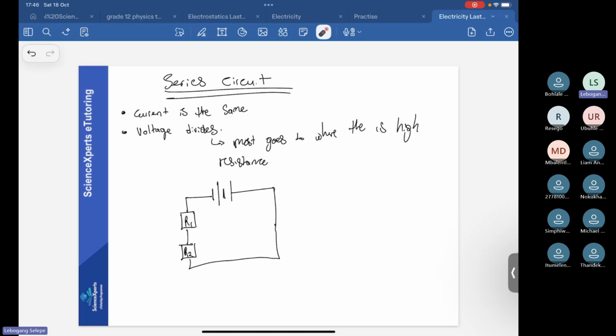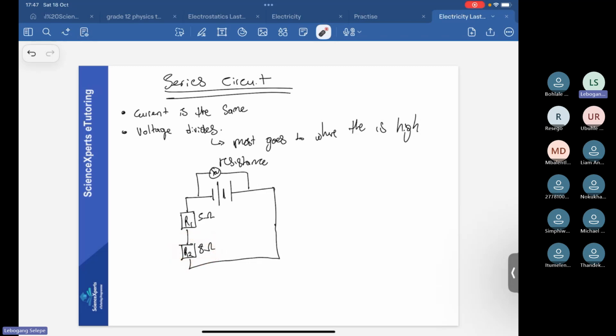So resistance is opposition to the flow of charge. If there is high resistance, let's say this one is 5 ohms and this one is 8 ohms, and the EMF is 10 V, most of the 10 V would go to the 8 ohm resistor. Why is that the case?